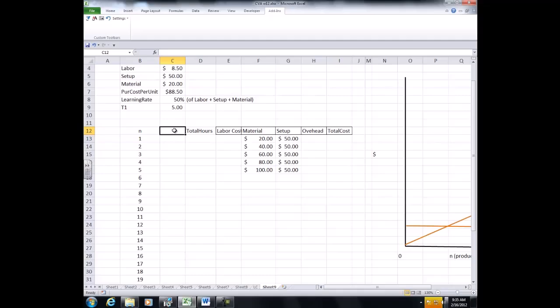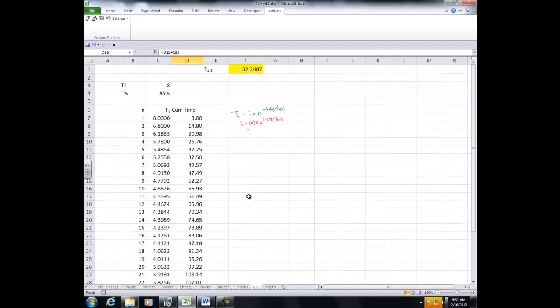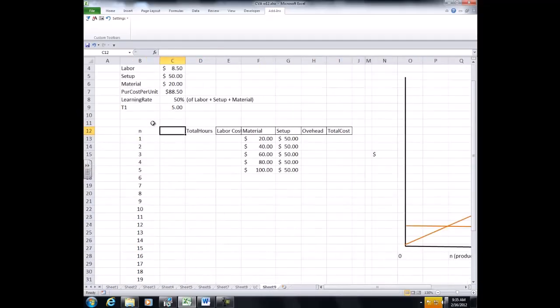To do that, we will use the same approach we applied to this earlier problem. We will compute the unit completion time, and then we will generate the cumulative total of this column. All right, so let's reconstruct those two columns.